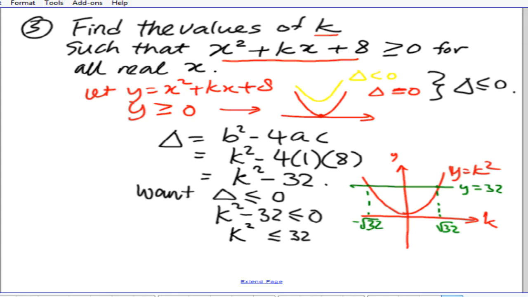And I want all the k squared that is less than or equal to 32. That means this and that. So my answer in this case will be k must be between negative square root of 32 and square root of 32. And that will be the answer.